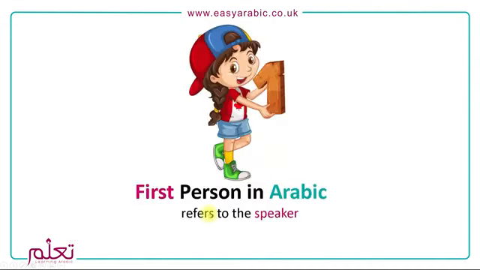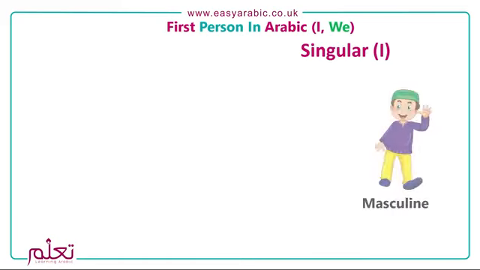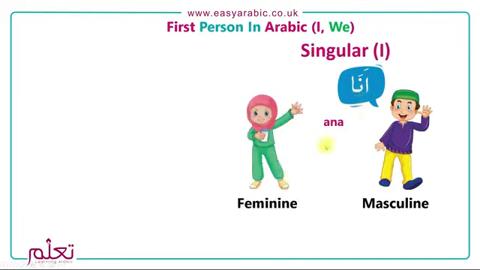The first person in Arabic, like I said, is the speaker. When we look at the singular, masculine, the word is ana. That is also the same if it is feminine.